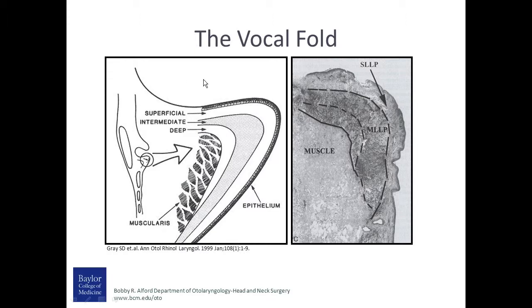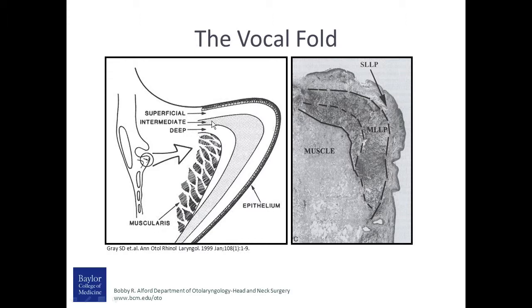If you look at this under a microscope, what you're going to see from superficial to deep is a layer of epithelium. And then beneath that, there's an area called the lamina propria, which is a trilaminar structure. It's got 3 layers: a superficial, intermediate, and deep layer.